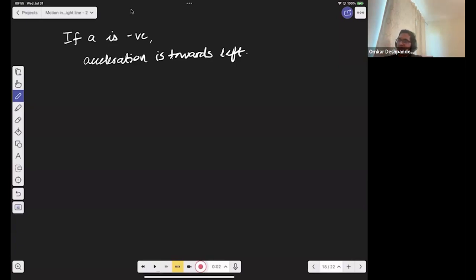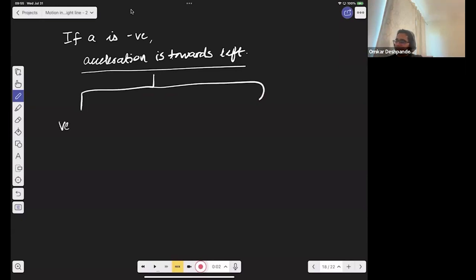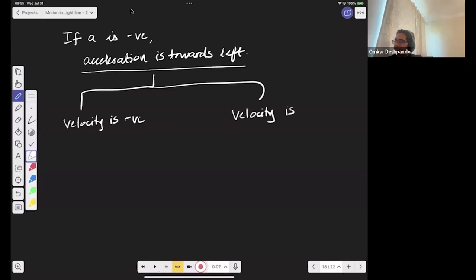So if acceleration is towards the left, there are two options. It is possible that the velocity is negative. It's also possible that the velocity is positive while the acceleration is negative.